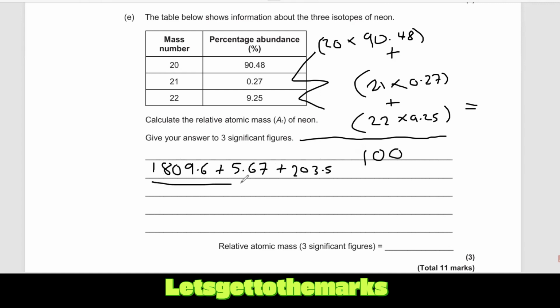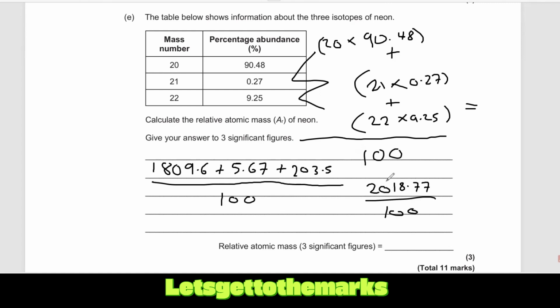Now we want to sum all of them together and then divide by 100. So what's that going to equal? 1809.6 plus 5.67 plus 203.5. I don't know if you got the same thing, I got 2018.77. We've got to divide by 100.